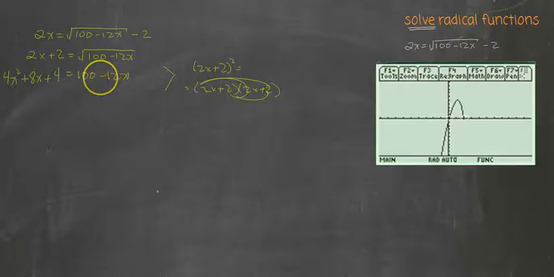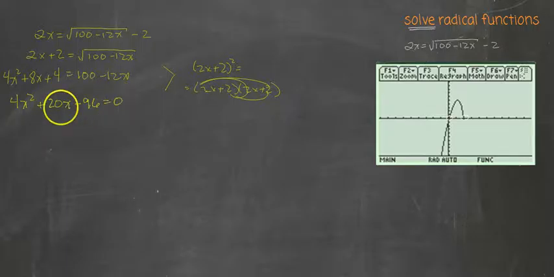So now that I've isolated or gotten rid of the radical, now I just have a quadratic function to solve, and we know that that means to move everything to one side and set it equal to 0 to solve these. So I'm going to put 4x squared, 8x plus 12x is 20x, and then 4 take away 100 is minus 96, and all of that is equal to 0.